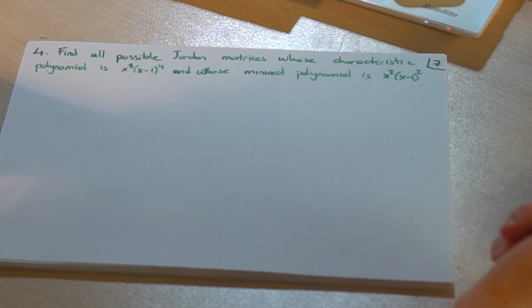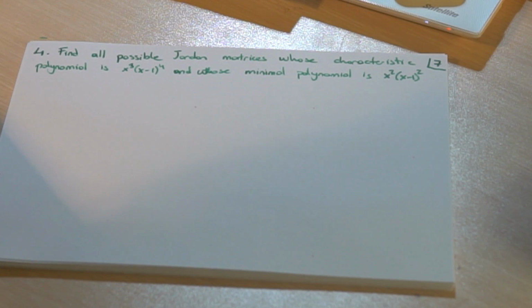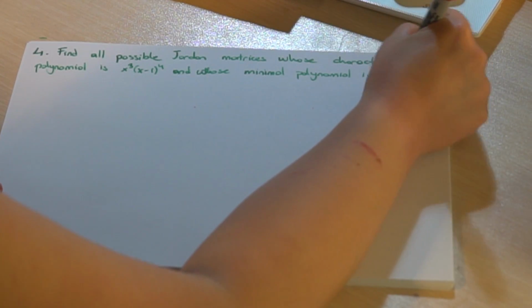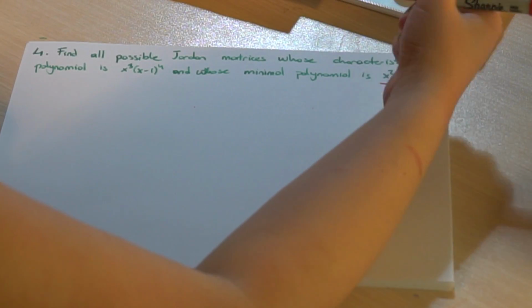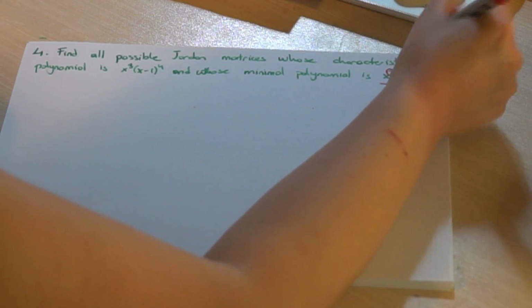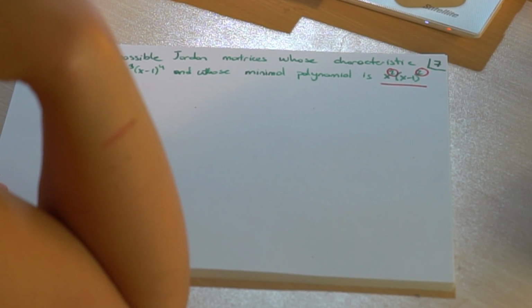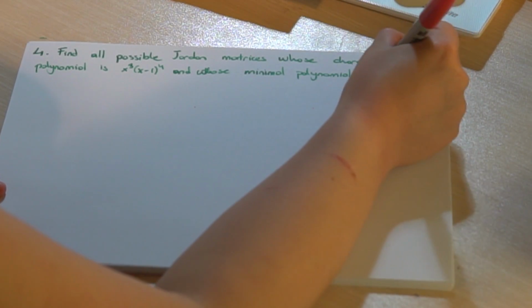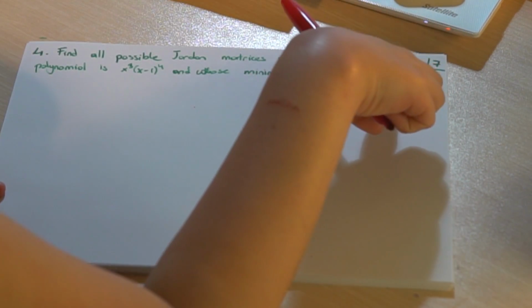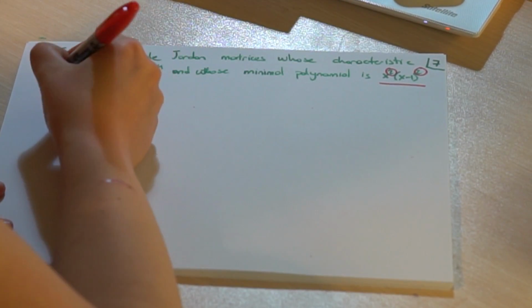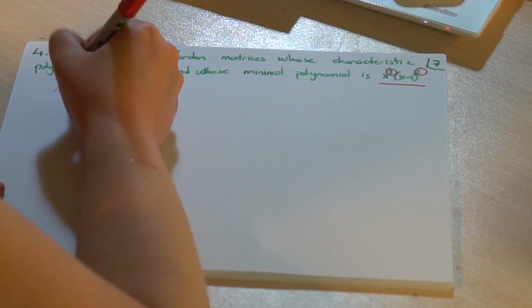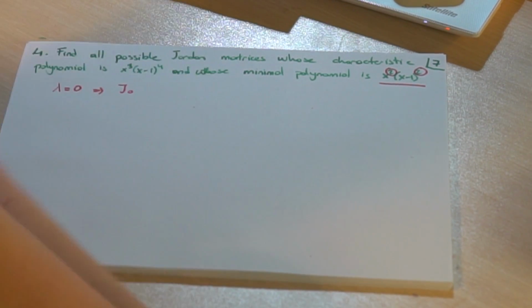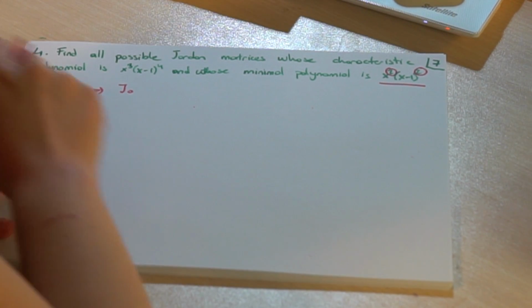Question 4 is: find all possible Jordan matrices whose characteristic polynomial is x cubed times (x minus 1) to the 4, and whose minimal polynomial is x squared times (x minus 1) squared. Since the minimal polynomial is x squared times (x minus 1) squared, the maximal size of the blocks will be 2 by 2 for eigenvalue 0 and for eigenvalue 1, right? So first, lambda equal to 0. Let's find the Jordan blocks for lambda equal to 0.